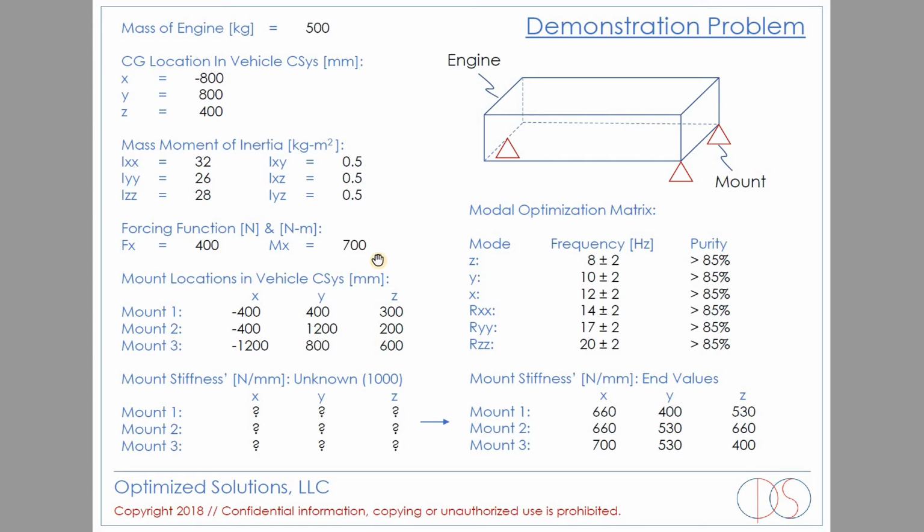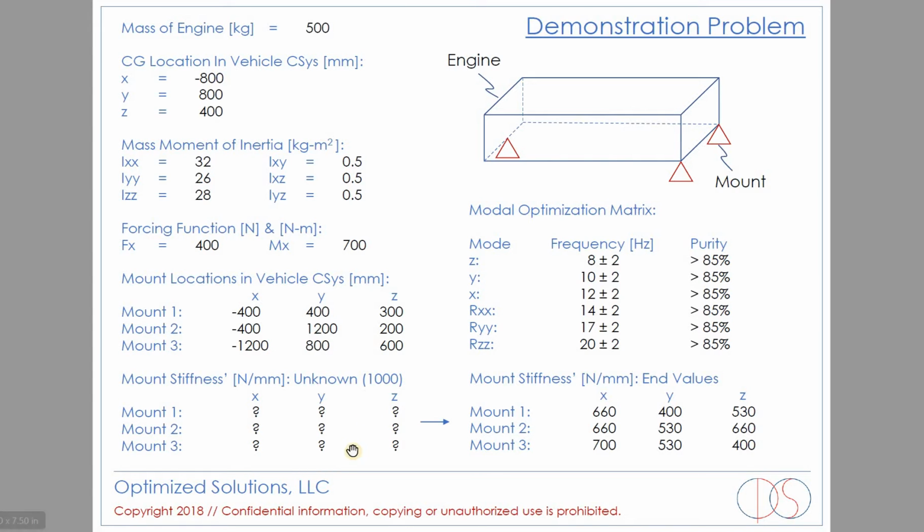The mount locations are defined right here, in the vehicle coordinate system or the global coordinate system, where mount 1 is at negative 400, 400, and 300. Mount 2 is at negative 400, 1200, and 200, and mount 3 is at negative 1200, 800, and 600. So it gives you an idea what the mount locations are.